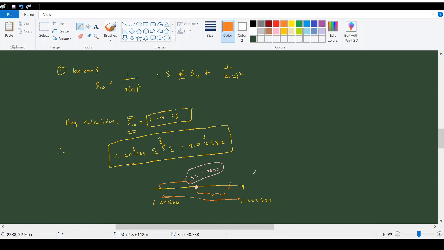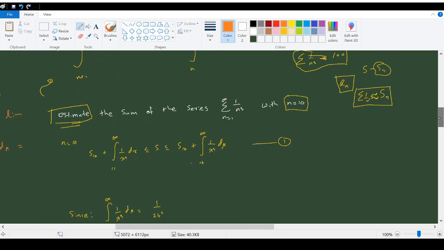And that length is equal to 0.0005. Like if you subtract this number from this one, you can see that it is equal to 0.0005. Okay, now see, here we used this inequality.